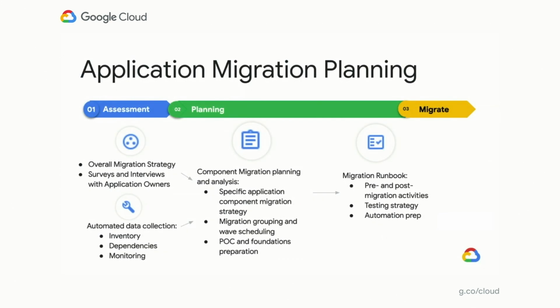For example, if you chose rehosting, there might be rehosting into Google Compute Engine, GCE, rehosting into Google Cloud VMware Engine, GCVE, rehosting with OS upgrade, rehosting to bare metal, etc. Defining the specific application or application component migration path is the primary outcome of this phase.